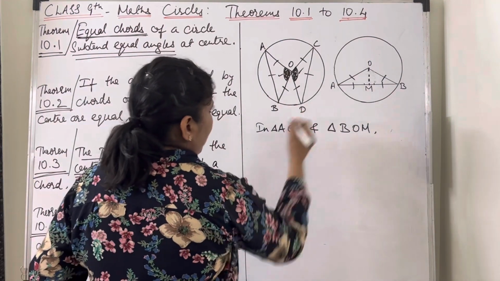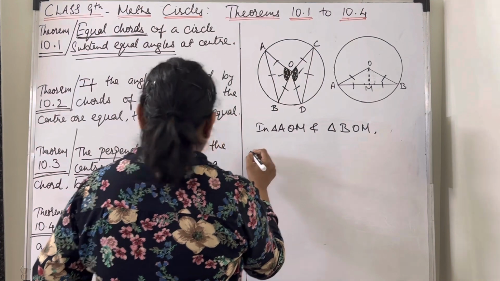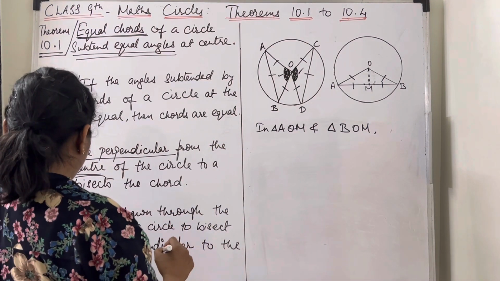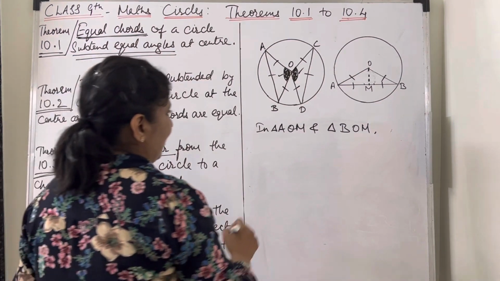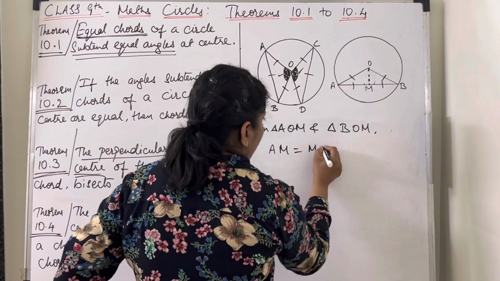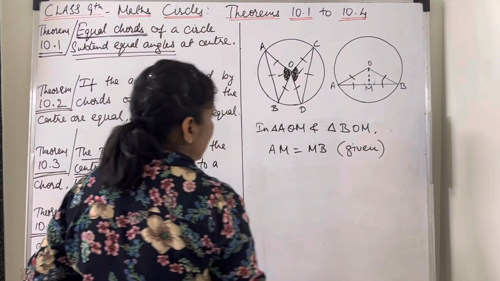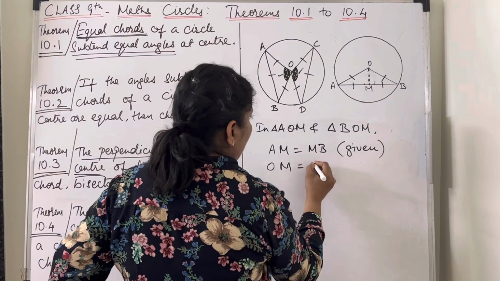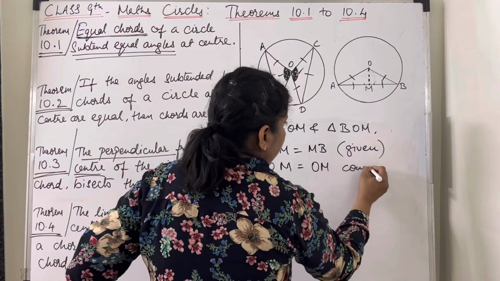So in both triangles, what is given is that the line drawn through the center of the circle to bisect the chord is perpendicular to the chord. The bisector is given, hence we can say AM is equal to MB. This is given. And OM is equal to OM, again common.